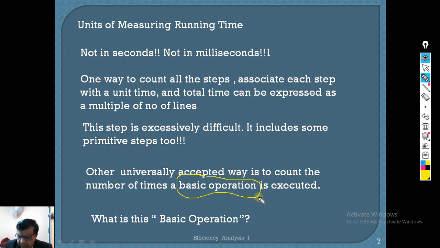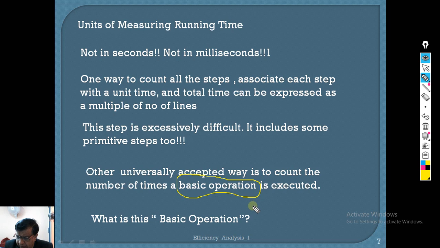I repeat, basic operation is that operation which will consume most of the algorithm time. Usually basic operations will be found in a loop, particularly in a nested loop. They will never appear in running statements or running steps. They will be lurking in some corner of a loop.